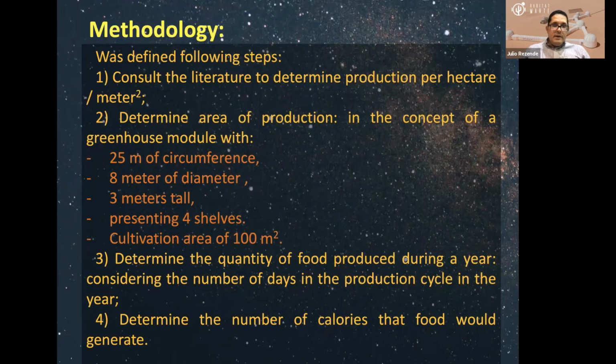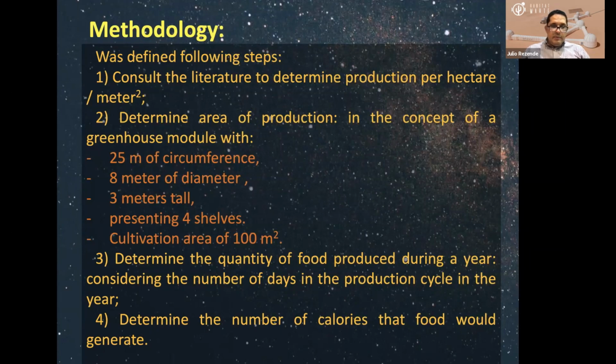Also determine the area of production in the concept of a greenhouse model with 25 meters of circumference, 80 meters of diameter, 3 meters tall, presenting 4 shelves. Also in this area, there is the possibility to cultivate an area of 100 square meters.